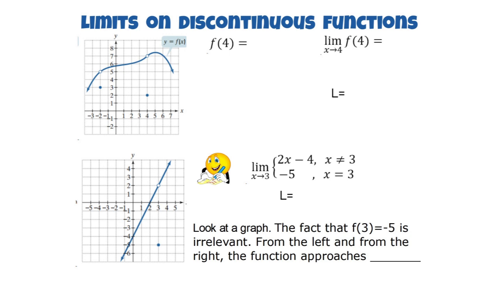A discontinuous function is something that does have some sort of a break in it, like the hole in the graph that we had. Or maybe it might have an asymptote. That's another type of break or a type of discontinuous function. So we need to understand how we deal with finding the limit and what that means on discontinuous functions.